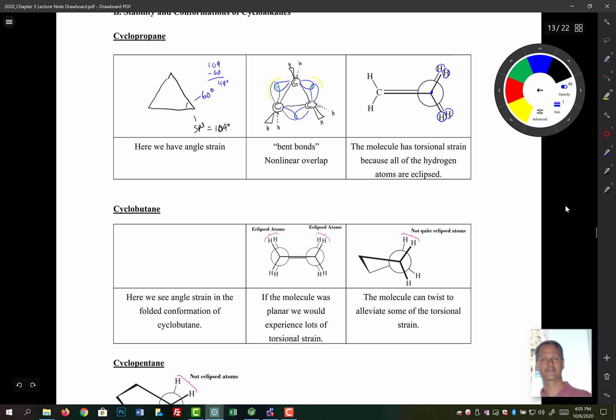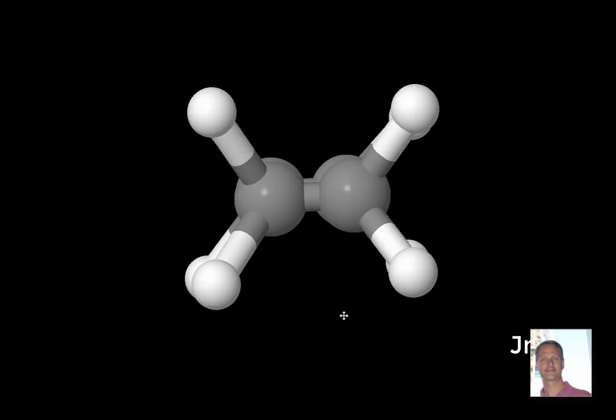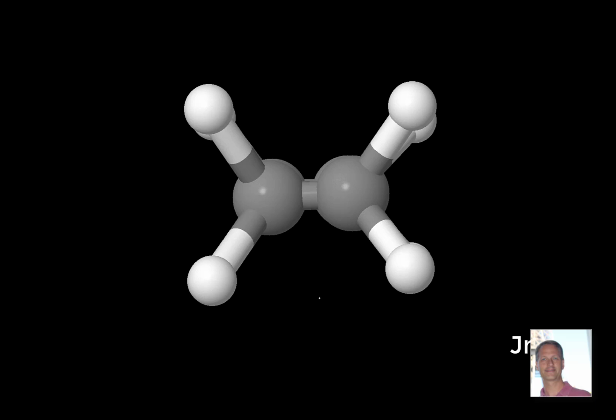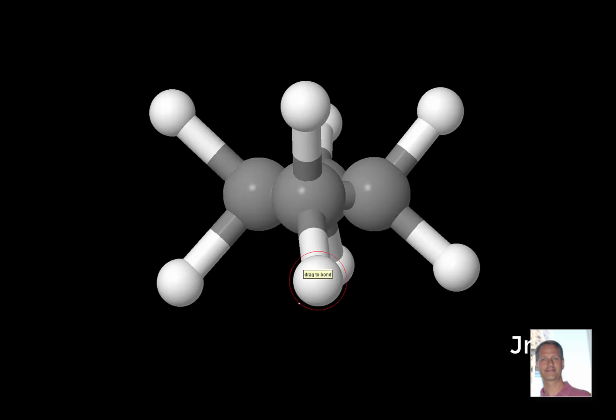Now if we come down below and look at cyclobutane, here's our 4 carbon ring, bond angle of 90, and remember we're still sp3 or 109, so we still have angle strain here of about 19 degrees. If we look at just a totally flat molecule of cyclobutane, we can see that the H atoms are right on top of each other perfectly, so they're eclipsed too.